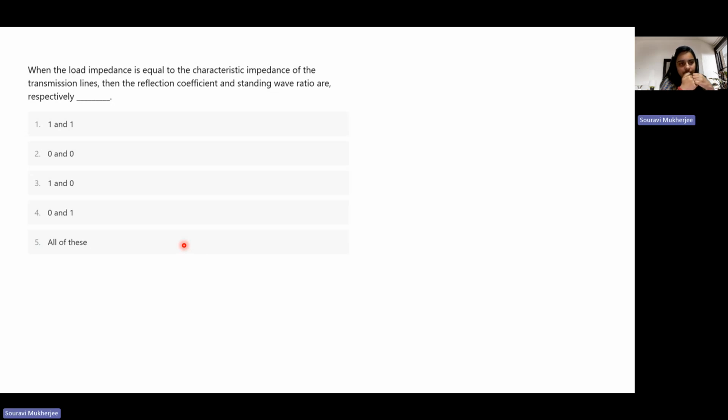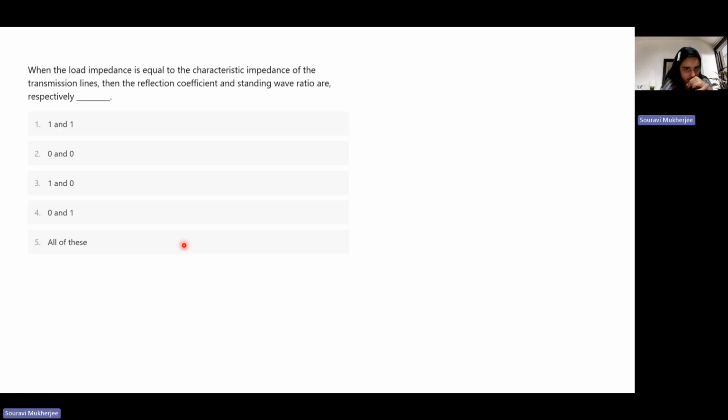And this is another question which says that when the load impedance is equal to the characteristic impedance of the transmission line, then the reflection coefficient and the standing wave ratio are. So you can understand, if the impedances match, what will happen? There'll be no reflection, right? So the reflection coefficient will be 0.